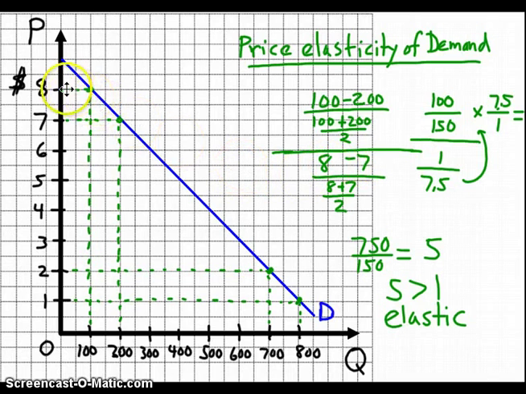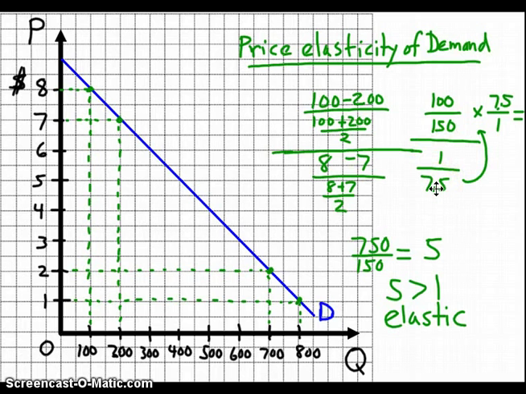In the denominator, it is the percentage change in the price. So we went from $8 to 7. 8 minus 7 is 1. And then we find the midpoint, 8 plus 7 divided by 2, which is 7.5. So now I've got this fraction 100 divided by 150 all over 1 divided by 7.5.